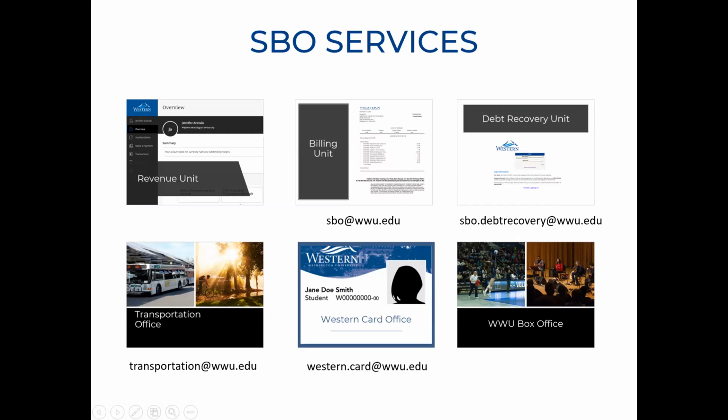The revenue unit, so the cashier side, we take payments in our office, both mailed in payments and in-person payments. Debt recovery unit, if you happen to leave Western with any sort of debt owing to the school, we have some fantastic folks that can help you navigate that and make repayments to the school.